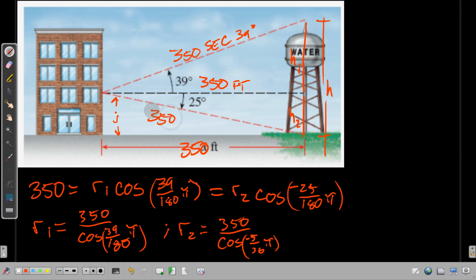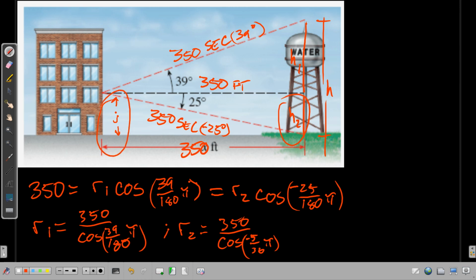So this is 350 secant minus 25 degrees. Okay, and oh, well, look at that.